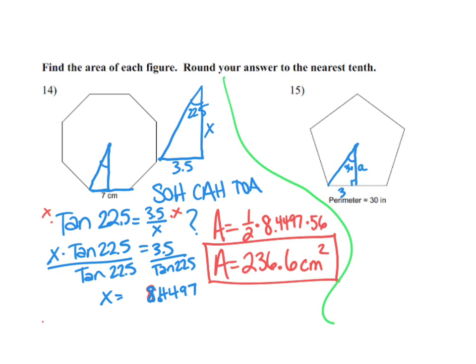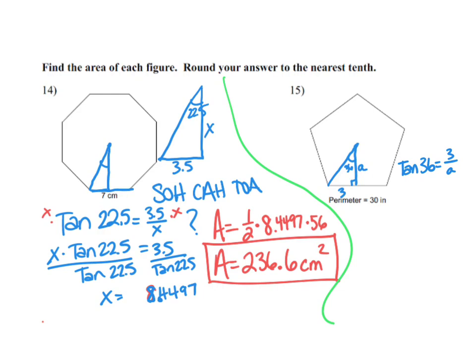Now we have to look at that and decide, are we going to do sine, cosine, or tangent? I'll do this one instead of making you do it because it looks very similar to last time. You've got the opposite, and then you have the adjacent. That's another tangent problem. So tangent of 36 is equal to opposite over adjacent.